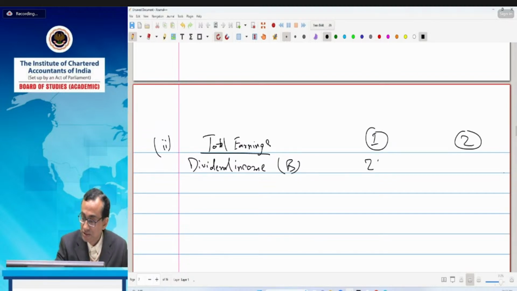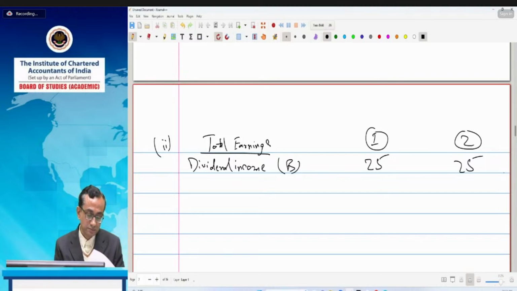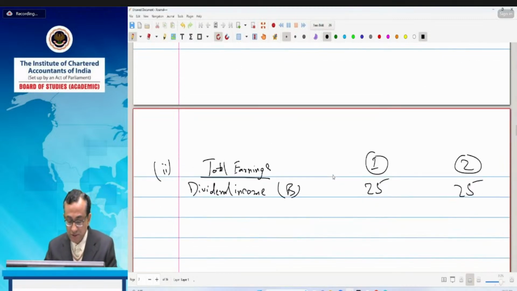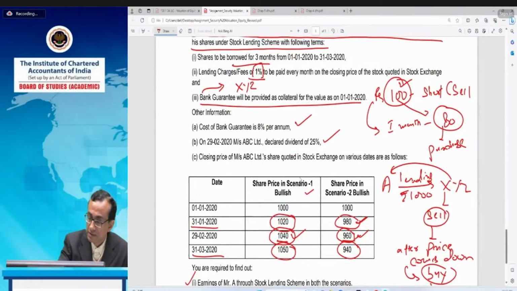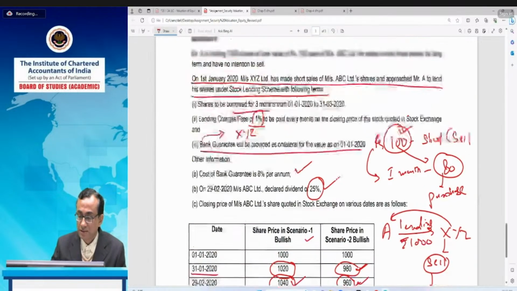In both the cases, the dividend income is coming to 25, because it is given in the question itself that the dividend is 25%, calculated on the face value.